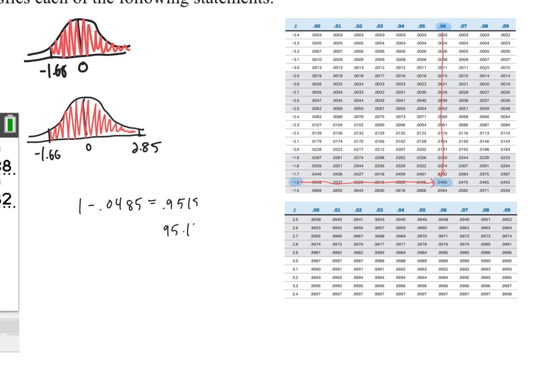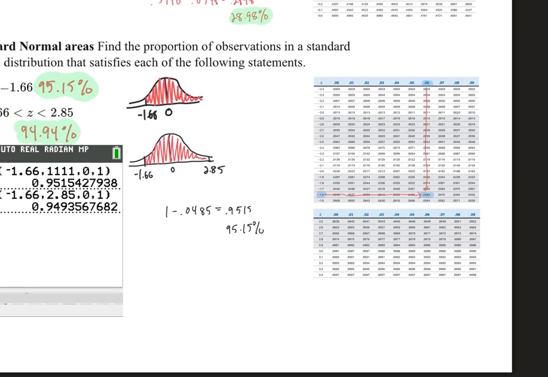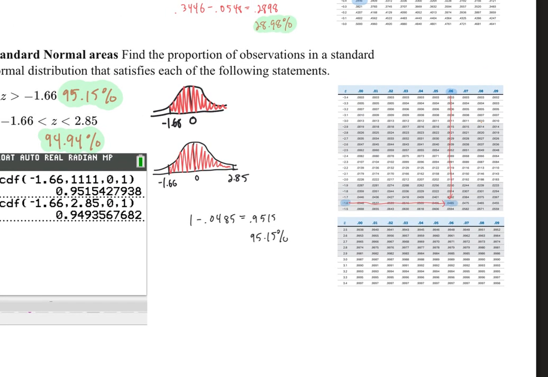It's 95.15%. Yeah, it's exactly the same again. It's not usually exactly the same like that. Actually maybe it's exactly the same because our z-scores aren't rounded. They're exactly to the thousandths, so I guess that makes sense.